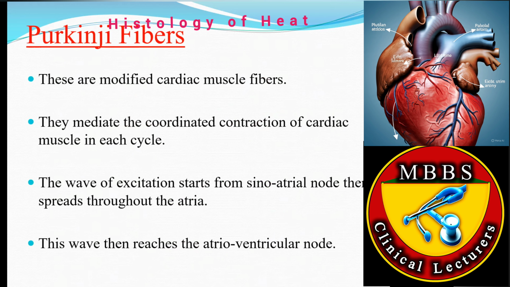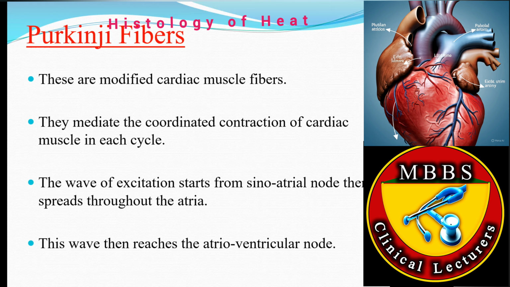Purkinje fibers. These are modified cardiac muscle fibers. They mediate the coordinated contraction of cardiac muscle in each cycle. The wave of excitation starts from the sinoatrial or SA node, then spreads through the atria.